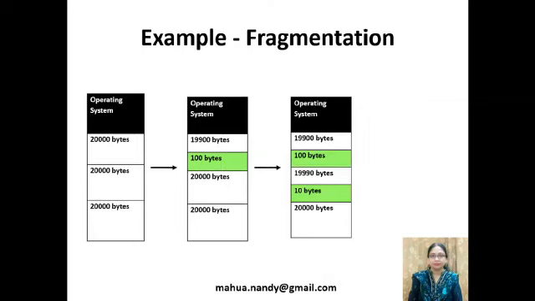Next, the process P2 of size 19990 bytes will be allocated to another 20,000 bytes partition, resulting in a hole of 10 bytes.